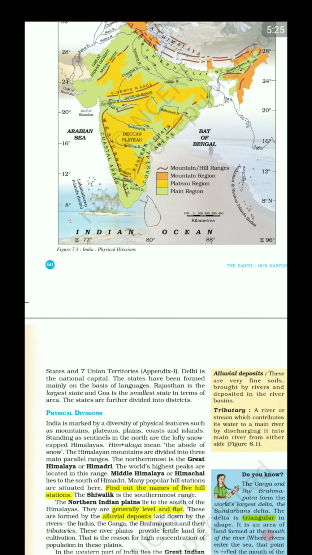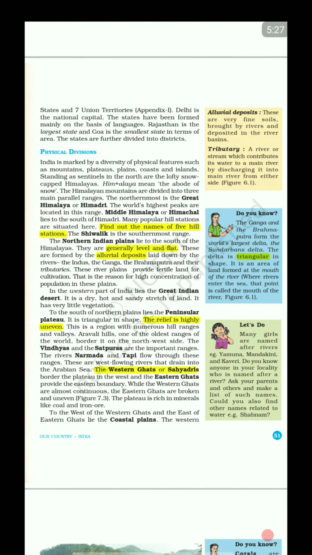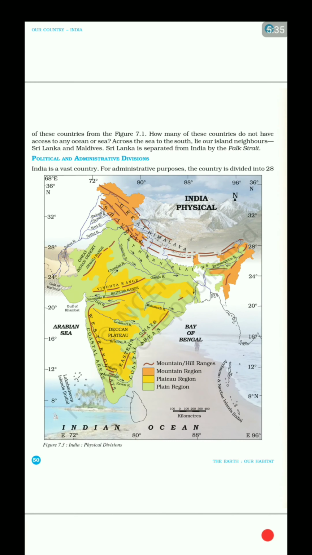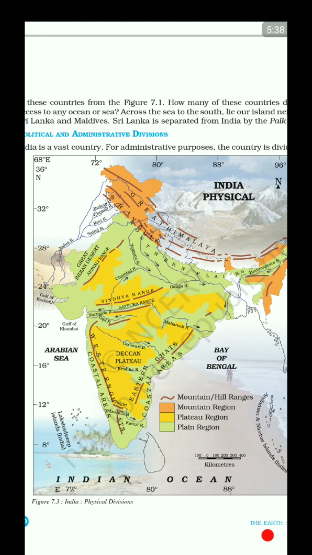Now, if you see the physical division, India is marked by diversity of physical features such as mountains, plateaus, plains, coasts, and islands, right? If we talk about the mountains, we can divide India physically into the Great Himalayas, the Middle Himalayas, and the Shivaliks.